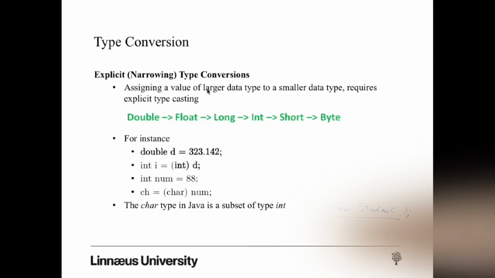For example, if we have a double type variable d and we want to assign this value to an integer type variable, we can specify the target type after the assignment sign within parentheses. This can also be done between integer and character types, because characters are internally represented in Java as numeric values.